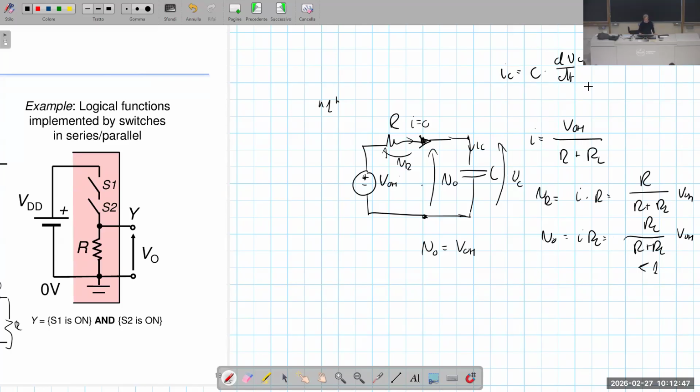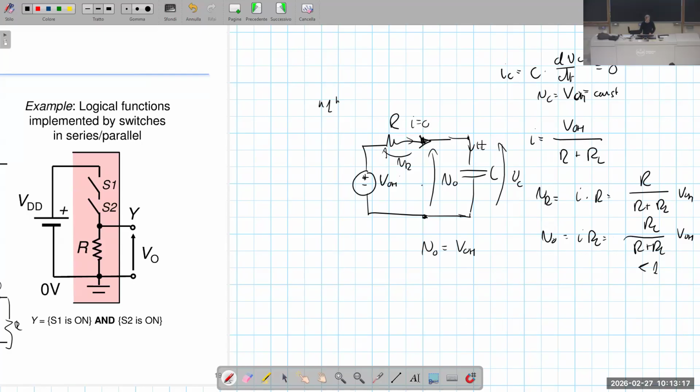So if we are in static conditions, if we are not considering variations, VC is a constant. Maybe VC is equal to VOH and is constant. The derivative of a constant is 0. So the current flowing through the gate is 0.